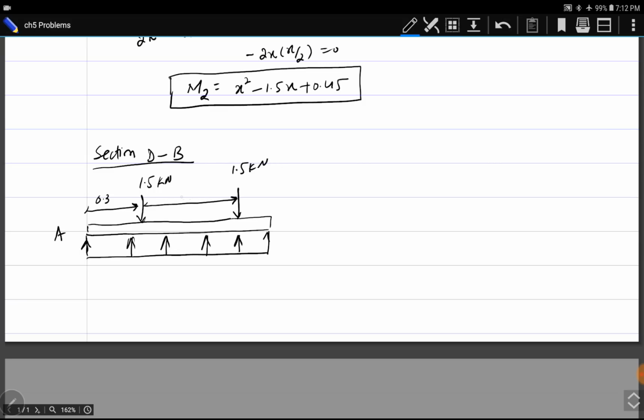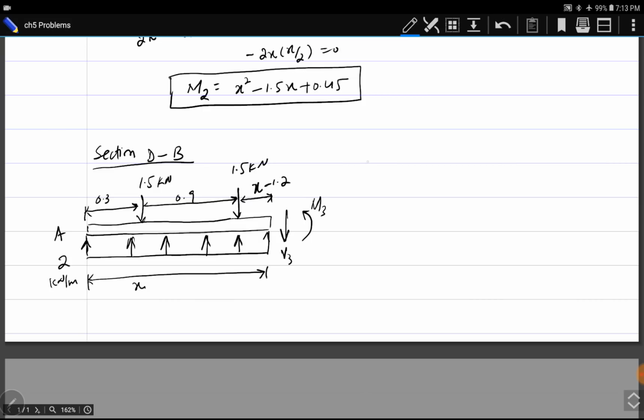This distance is 0.9 and the total length is x. This will be 0.9 plus 0.3, 1.2, x minus 1.2. Distributed load is 2 kilonewton per meter. Here is V3 and M3.